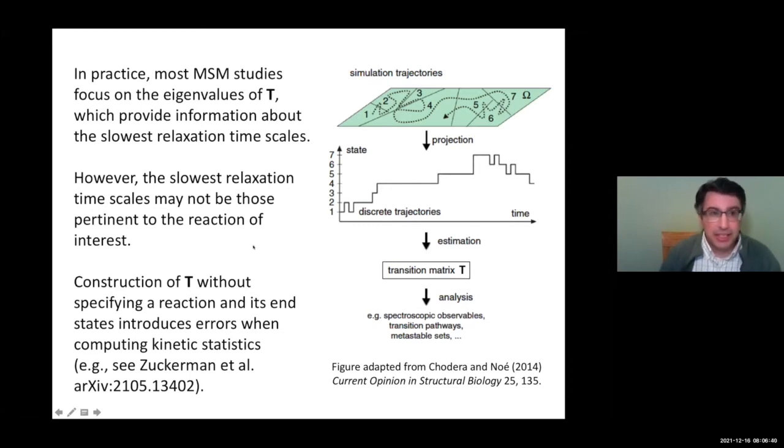An additional issue is if I don't specify a reaction a priori, then the computation of the statistics that I would like, so things like committors, mean first passage times, rates, will be biased by using the transition matrix that I would construct just from all of the states without knowledge of the reactant and product states.